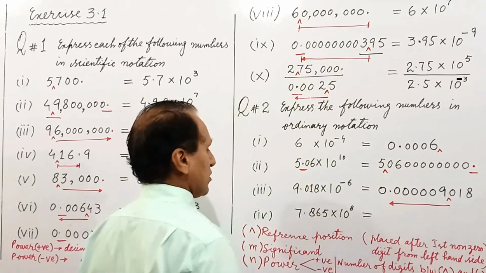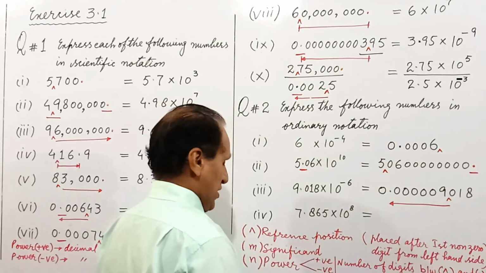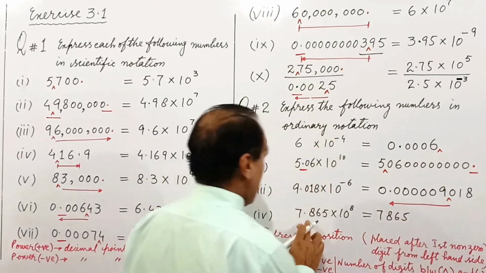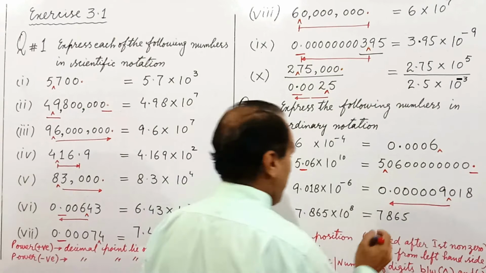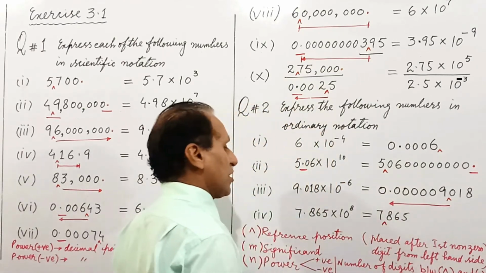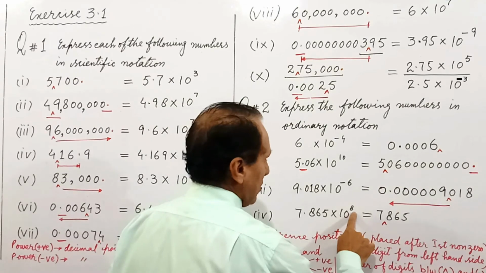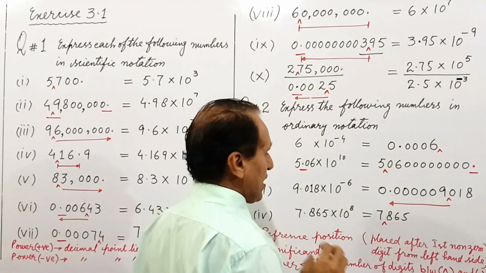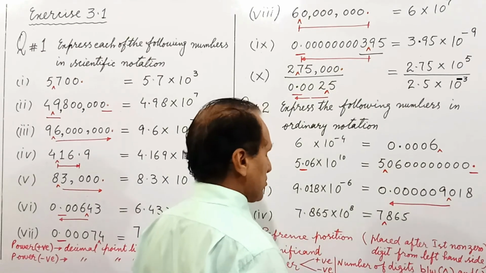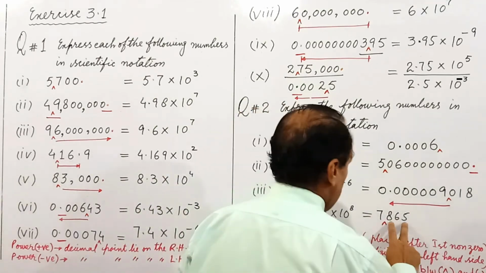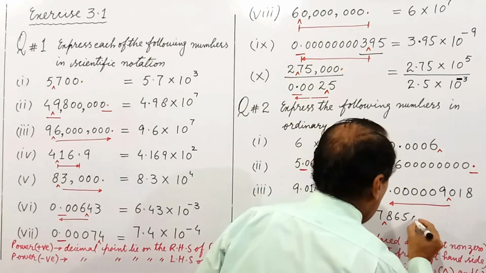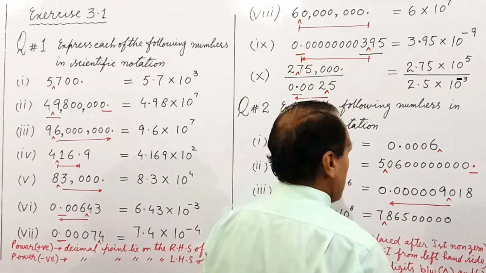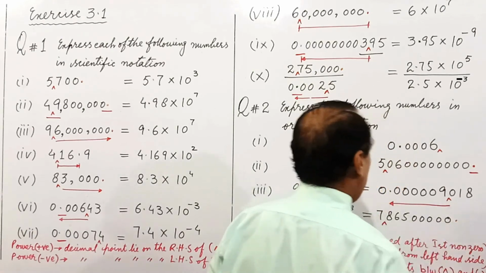Now we move to part 6, in which we have to deal with a positive power. We write the significand as 7, 8, 6, 5, removing this decimal point, placing the reference position to find the original location of the decimal point by the power 8, which tells us that the decimal point lies after 8 digits on the right hand side of the reference position. 3 digits are already there, 1, 2, 3, and we put 1, 2, 3, 4, 5 zeros and put, just for understanding, a decimal point over here.